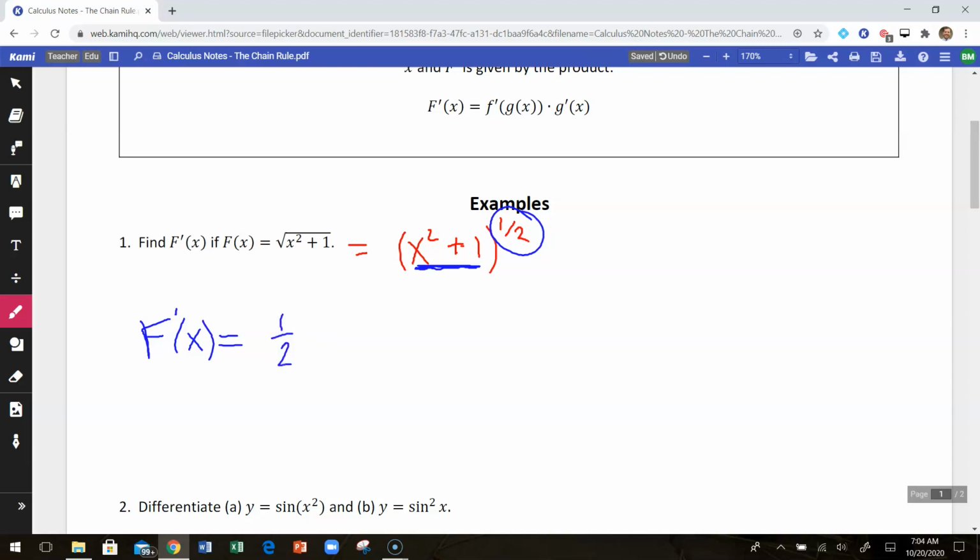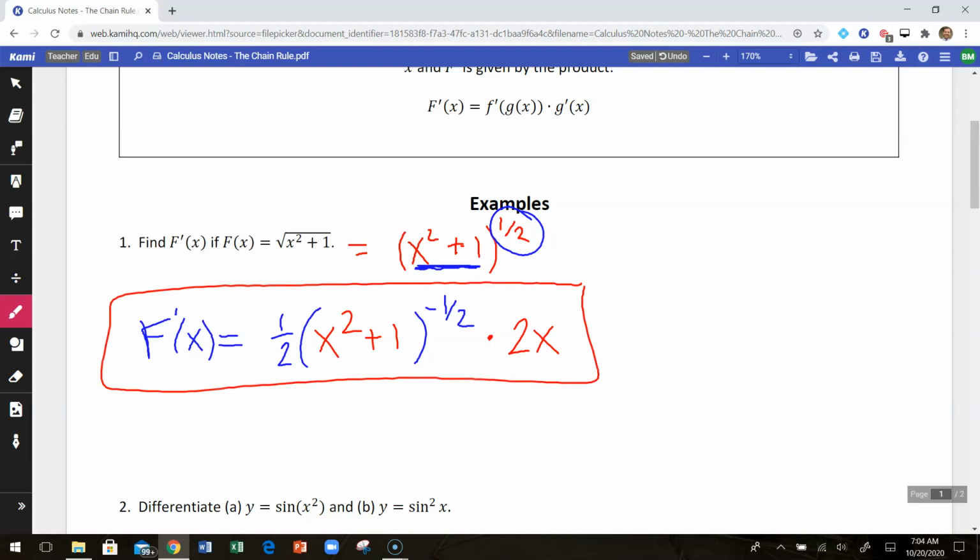That rule says, power rule, I bring the 1/2 down, and then I subtract 1 from the exponent. Well, the inside function, the x squared plus 1, that's just going to be along for the ride at first. Okay, so I'm going to go ahead and do the derivative of the outside part, leave the inside the same, and then I'm going to chain on the derivative of the inside function. So the derivative of x squared plus 1 is 2x. And that is our derivative of that function.